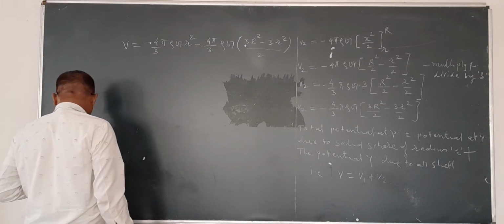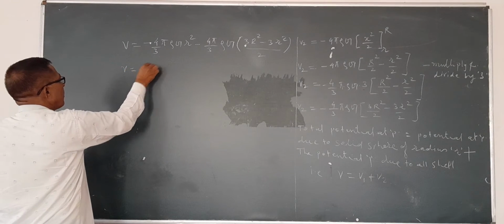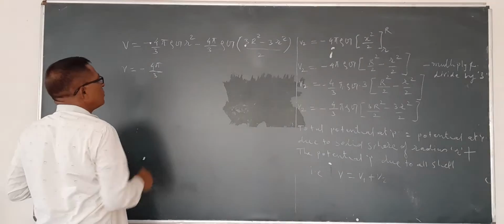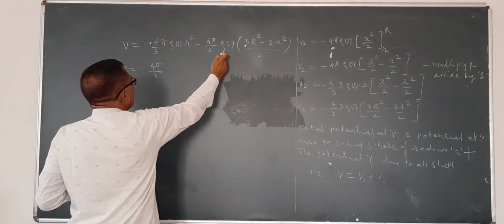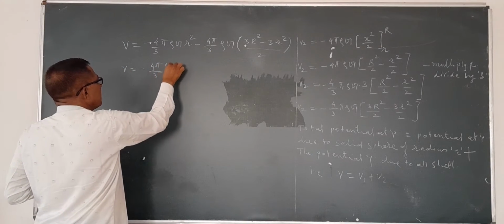Now simplifying this equation, we get V equals minus 4 pi by 3 into rho g. We can take these quantities as common.